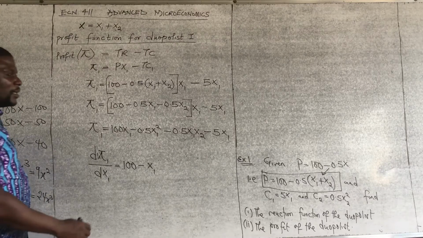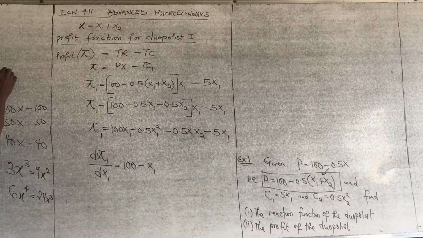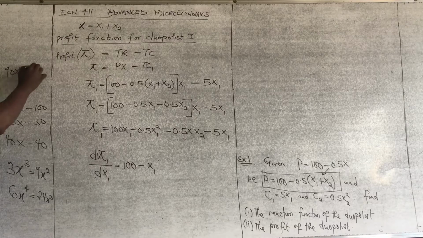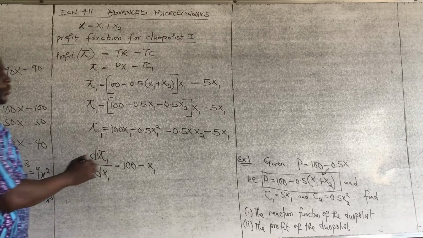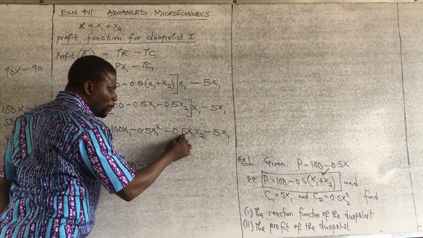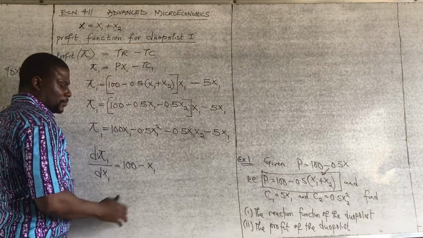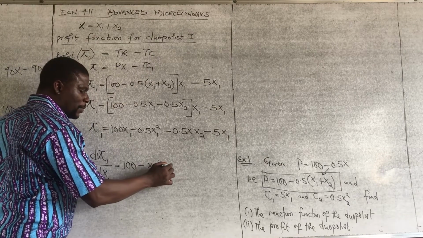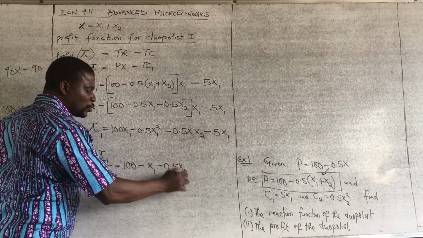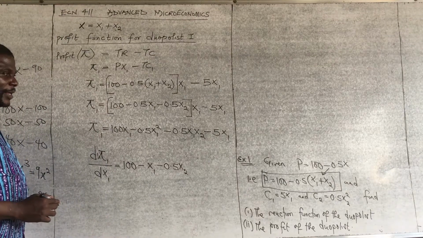Can I continue now? Now I told you that if I ask you to differentiate 90x, what will be the answer? 90. Now I want to differentiate minus 0.5 x1 x2 with respect to x1. The answer will be minus 0.5 x2. Do you know why?